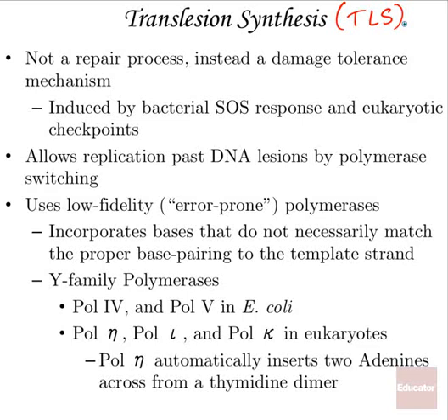So this can be induced by our cell cycle checkpoints. If we're talking about eukaryotes or bacteria, they have an SOS response. It's basically the same thing. And this TLS allows replication past these DNA lesions by polymerase switching.